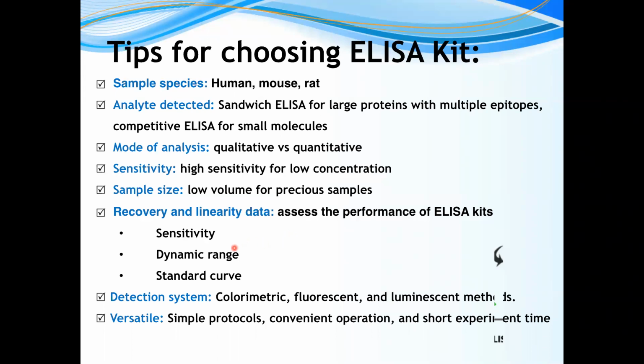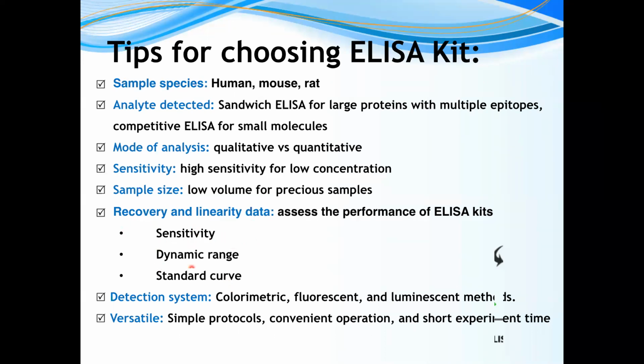Most of the suppliers in the market provide recovery and linearity data on product specification sheets. Besides these recovery and linearity data, some other important parameters that need to be assessed are sensitivity, dynamic range, and standard curve.